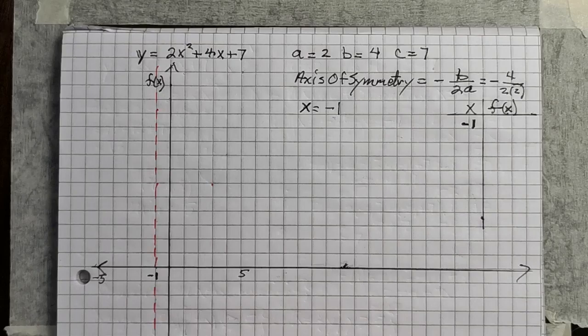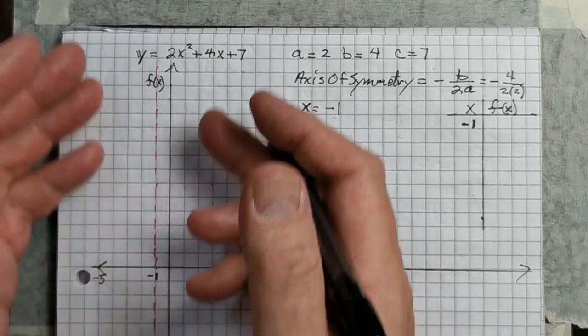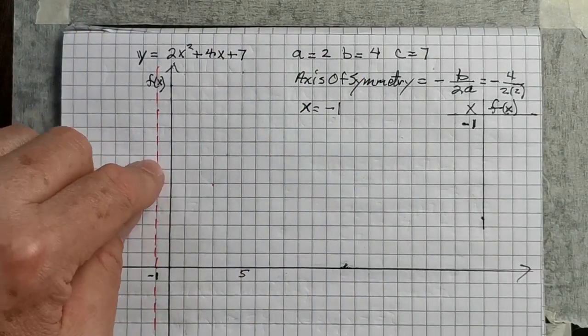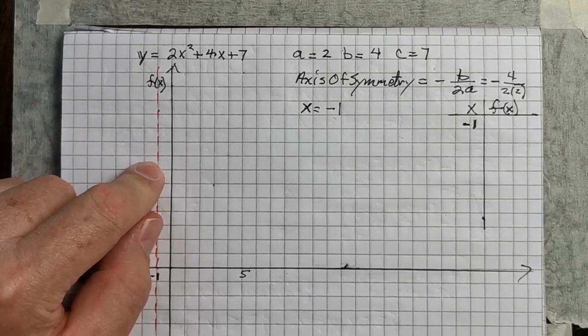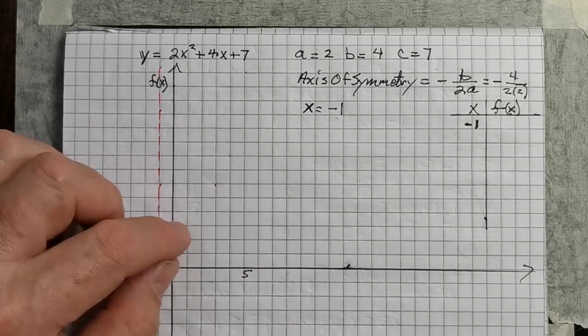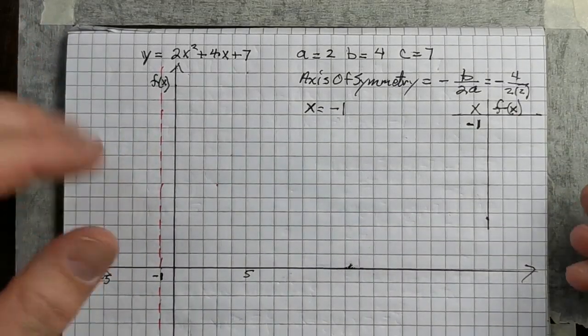And since the axis of symmetry is x equal to negative 1, we know that the graph is symmetrical around that point. That means that the value of the function on the axis of symmetry must be the vertex. In other words, -1, and then the value of the function at -1 must identify the vertex.